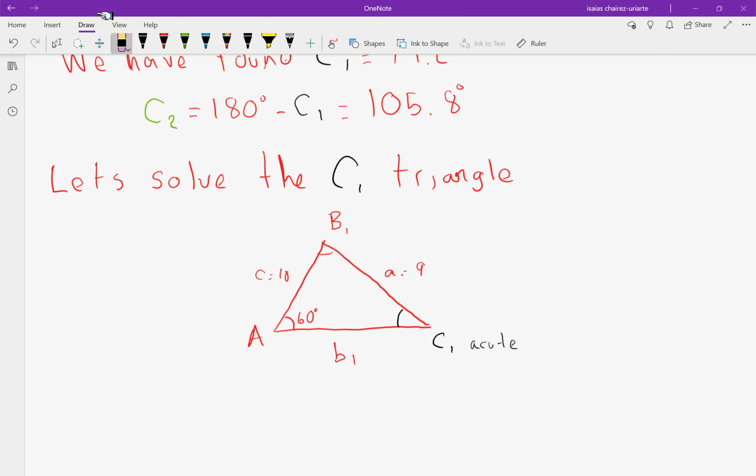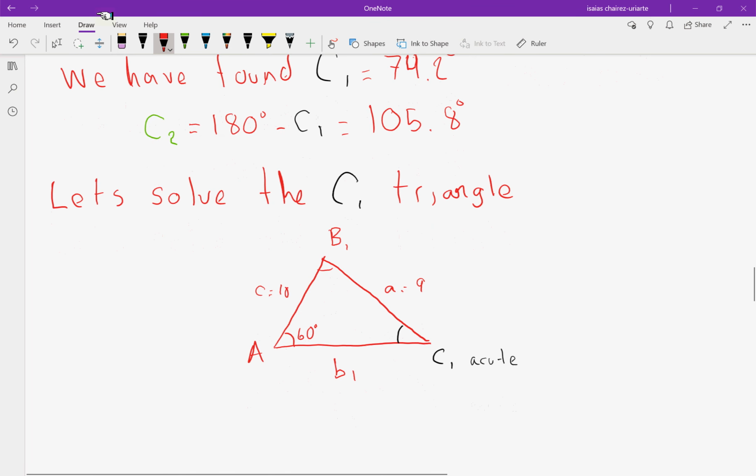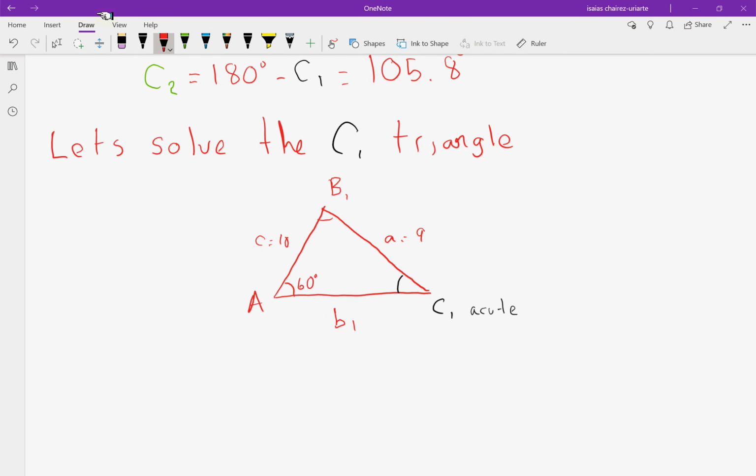So we know that C1, what did we say C1 was? 74.2 degrees. Let's continue with this triangle. What would be the next reasonable thing to think about? Well, maybe let me find this angle B1.